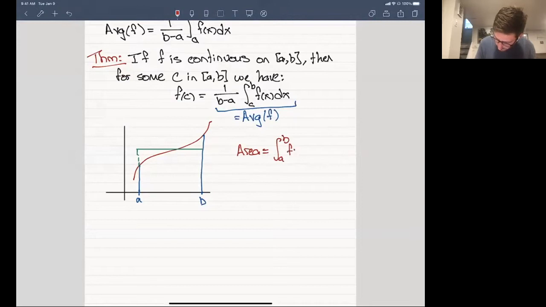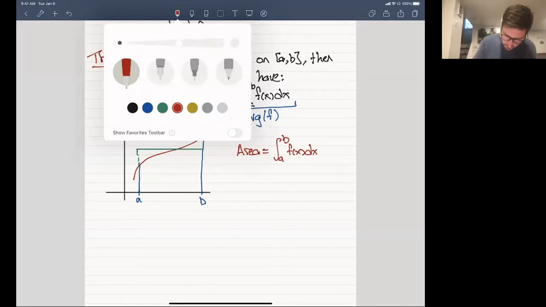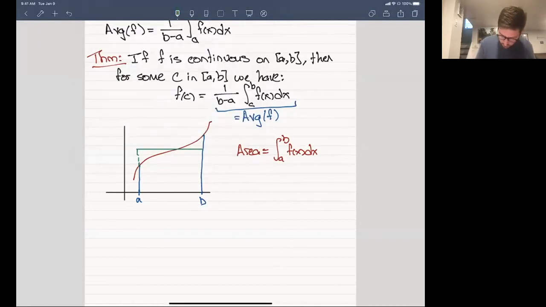This is what we've been talking about. Then this point right here is C, and f of C is its height. The area underneath the green curve is the height, f of C, times the base, b minus a.